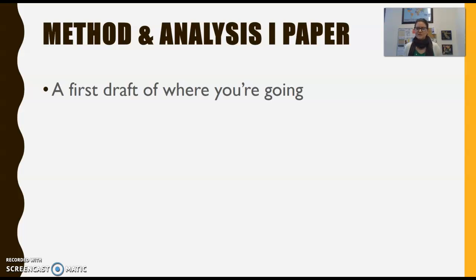So you're practicing writing about your method and conducting your analysis before the final product is due. So don't feel like you have to know exactly what to say and the best way to say it yet. Your goal is to address key assignment components, like I've described them on Canvas, and do your best on this first draft, but I'm not expecting it to be a final draft.